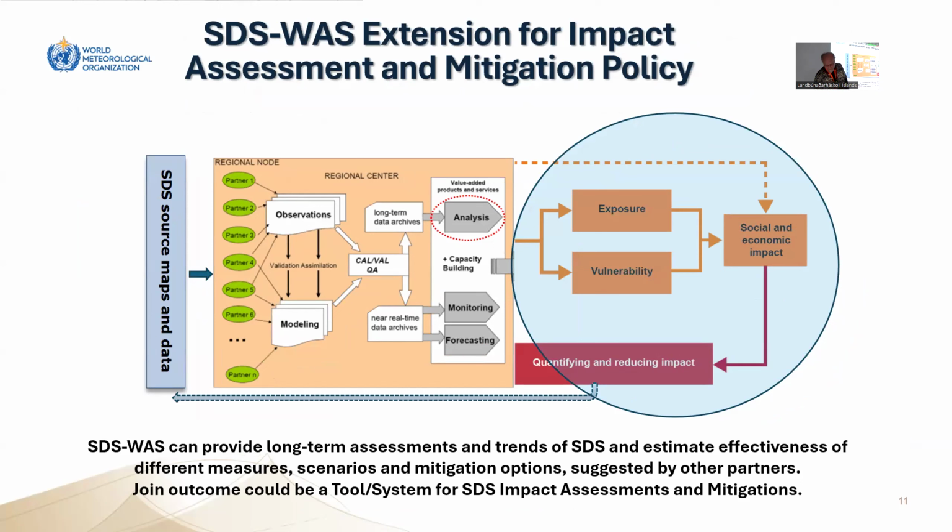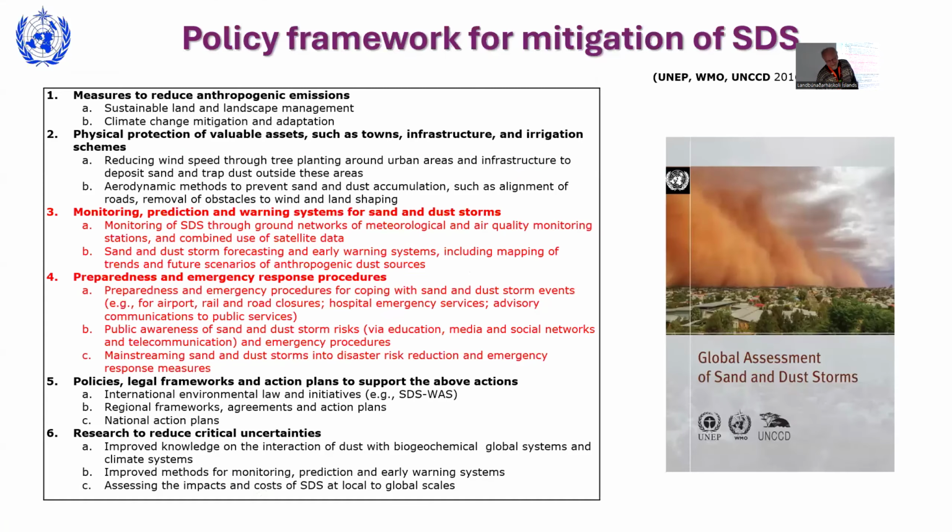And of course, when we are talking about assessment of impact, it is absolutely necessary to link it with mitigation strategy. This is the reason why I always stress that we need to move also to a policy framework.